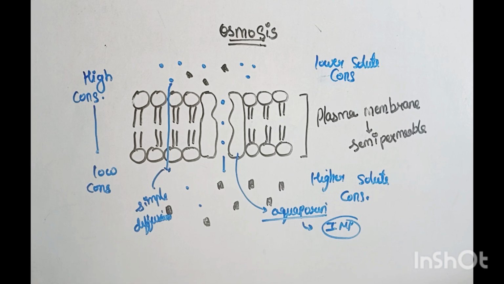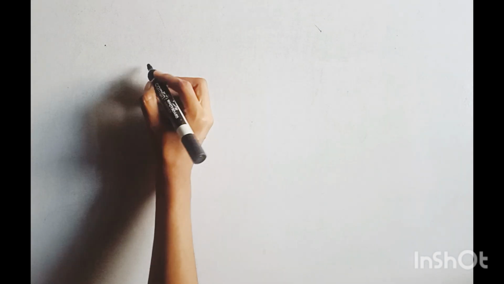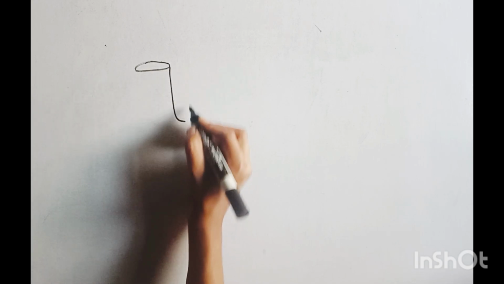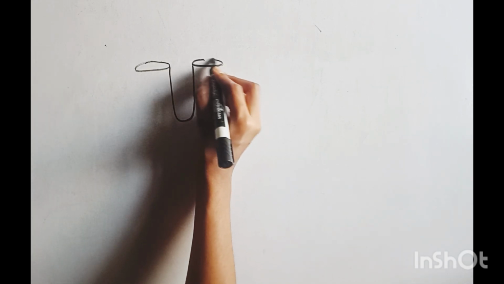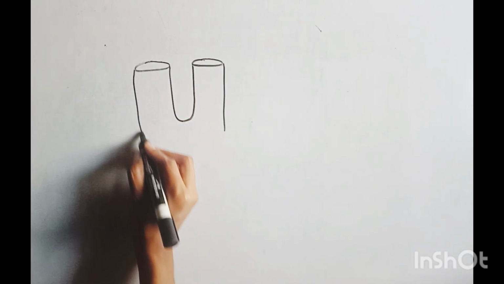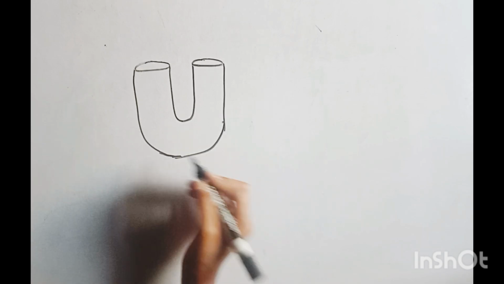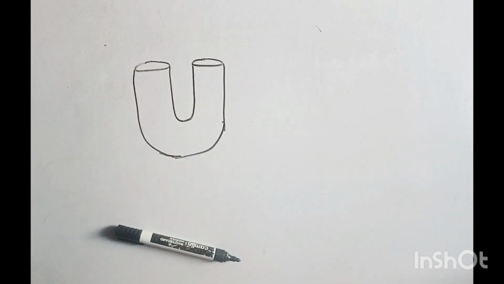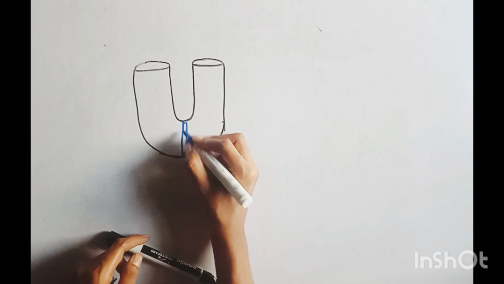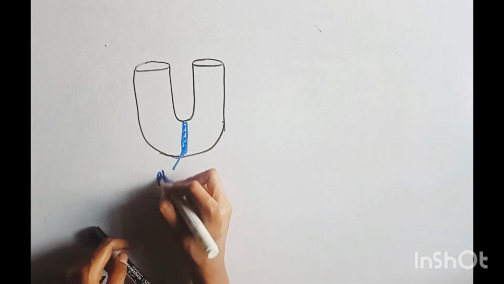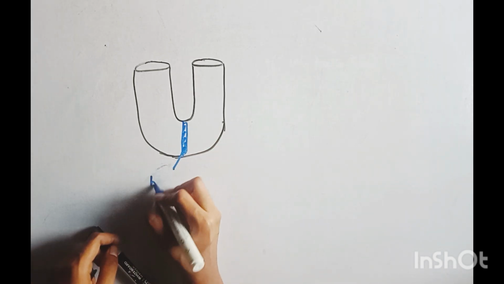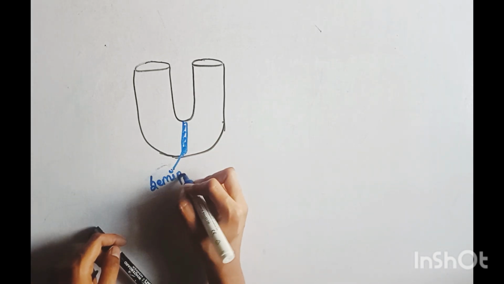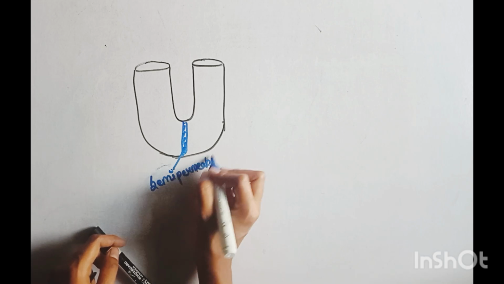So this is about osmosis. Next, we study one experiment. Suppose this is a U-shaped tube, and in between is a semi-permeable membrane, a membrane which allows the water molecule but does not allow the solute.